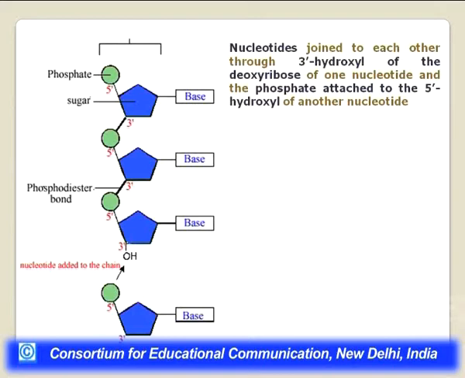So, they are arranged in such a manner that the nucleotides are joined to each other through a 3' hydroxyl of the deoxyribose of one nucleotide and the phosphate attached to the 5' hydroxyl of another nucleotide.